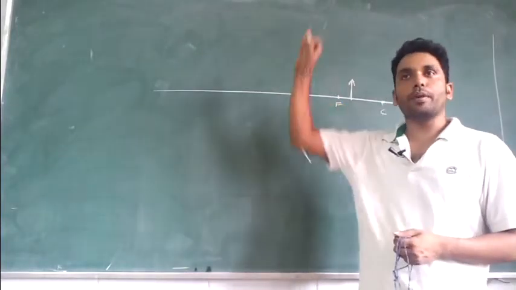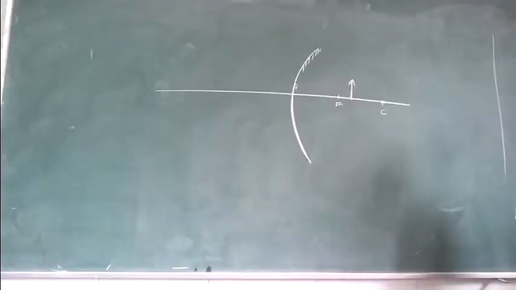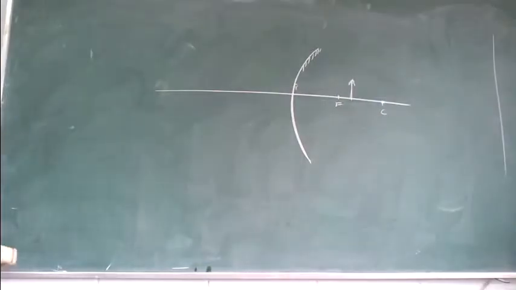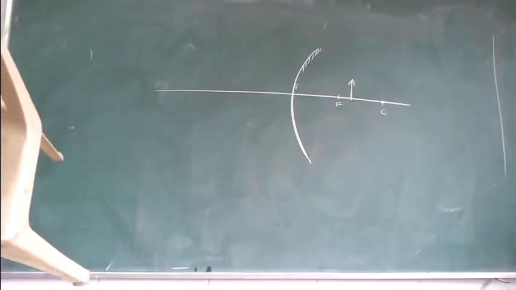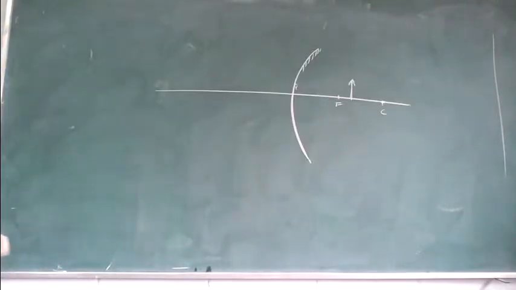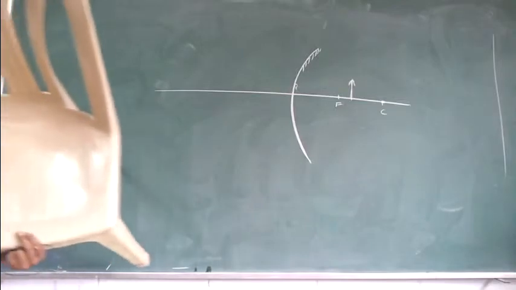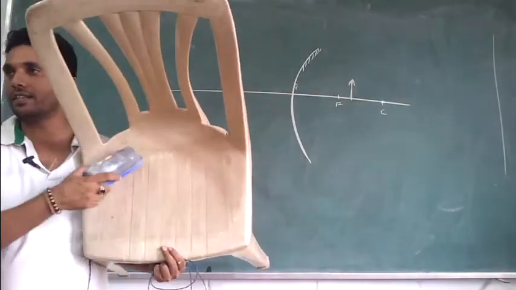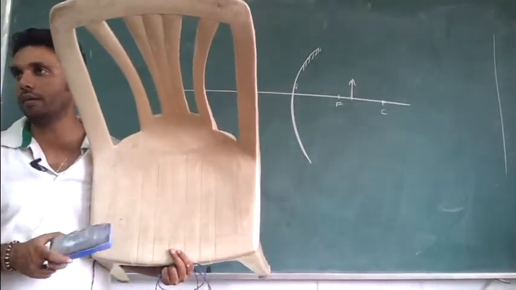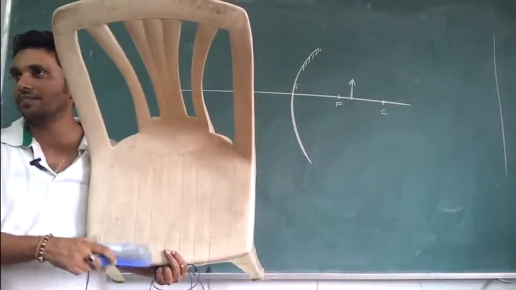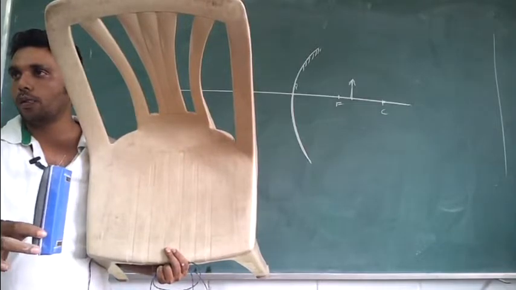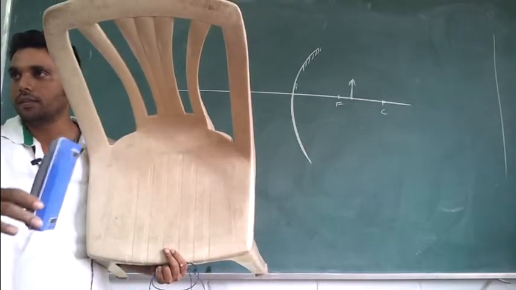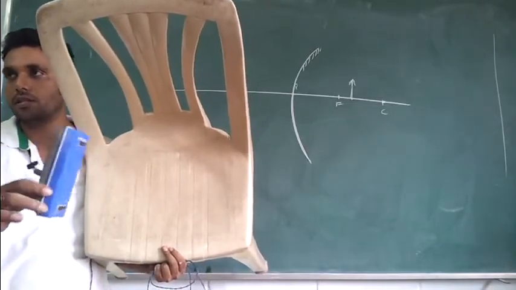This is called P, if you don't feel it. Suppose this is the mirror, and this is the reflecting surface. I am changing the question now. I keep the object over here. Is this a concave surface or not? I keep it at C, suppose. This is the center of curvature.